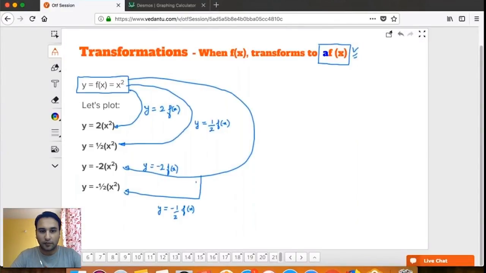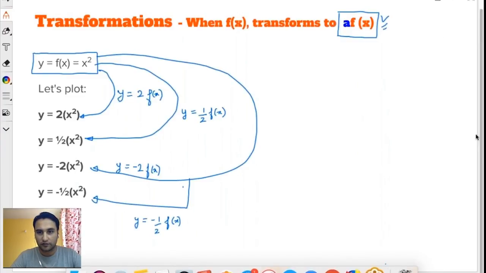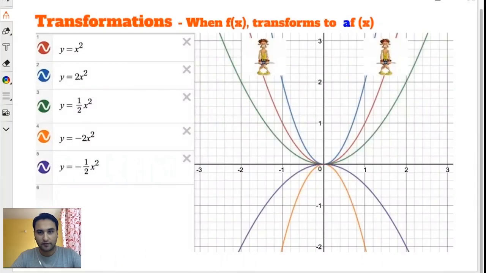Okay. So the behavior is like this. The behavior is, let me just show you. The behavior is like this. These are the graphs.